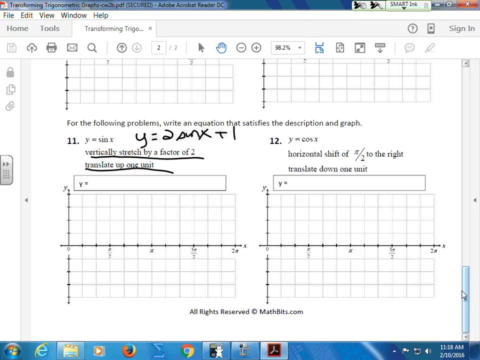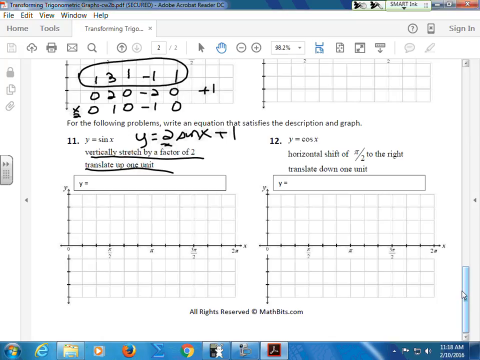So here's my sine. 0, 1, 0, negative 1, 0. I amplify it by 2, multiply it by 2. I get 0, 2, 0, negative 2, 0. Add 1 to everybody. I get 1, 3, 1, negative 1, 1. This is what I'm graphing.